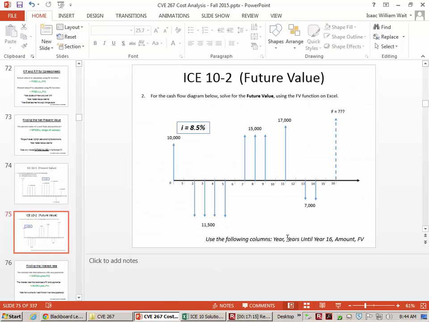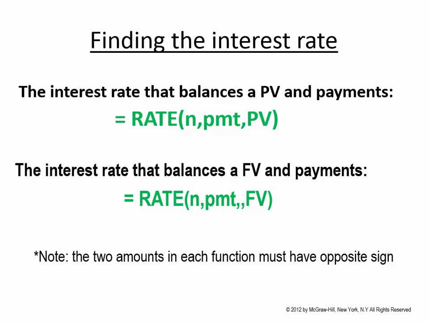All right, let's look at the third problem. It's a reminder of the rate function. The rate function is where you know the ins and the outs of the cash flow, and you're wondering what is the rate of return for the ins and the outs.